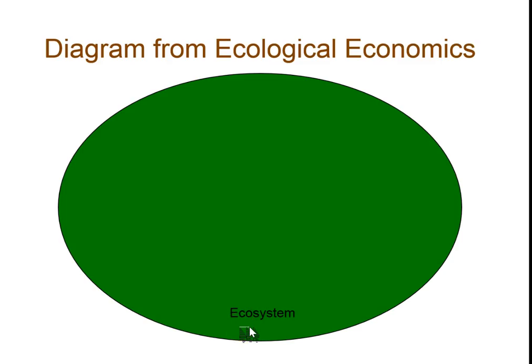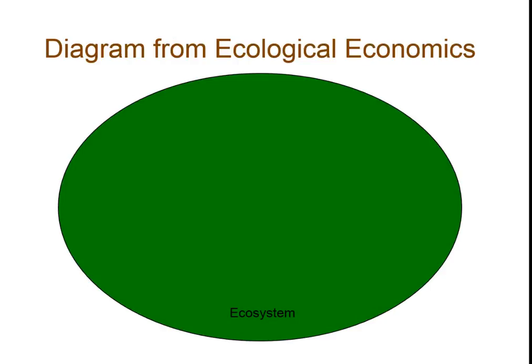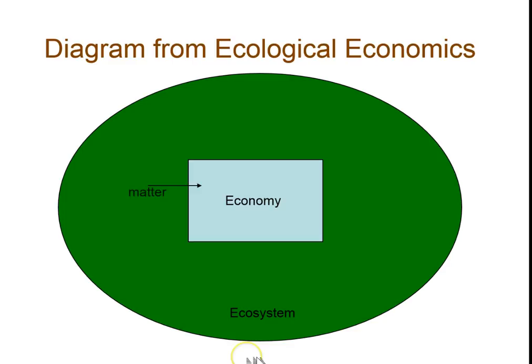Now, from an ecological point of view, one of the criticisms made of this circular flow diagram is it does not show the complete picture. This activity is taking place in a broader environment, which we could call the ecosystem. And the economy is a subset of the ecosystem.